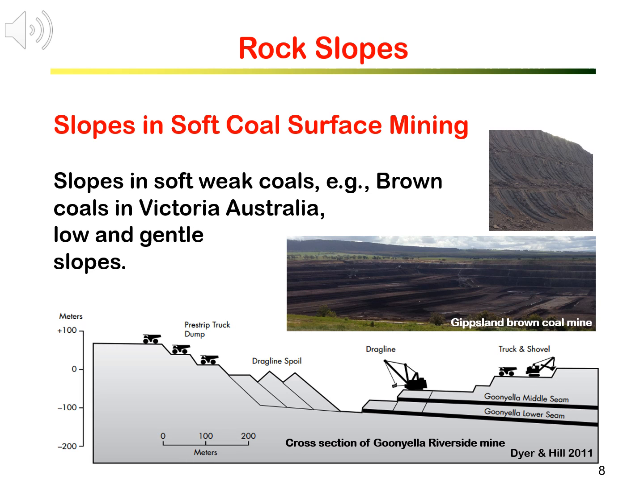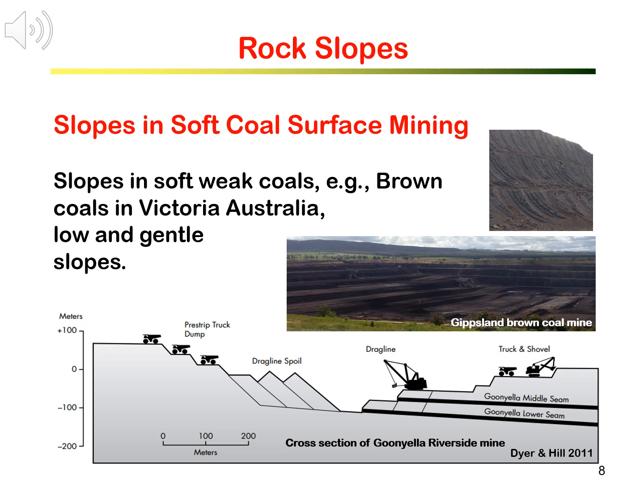This is why in soft coal surface mines, the slope angles are usually gentle and the slope heights are relatively low. The typical operation of a surface mine of brown coals in Australia is shown here.